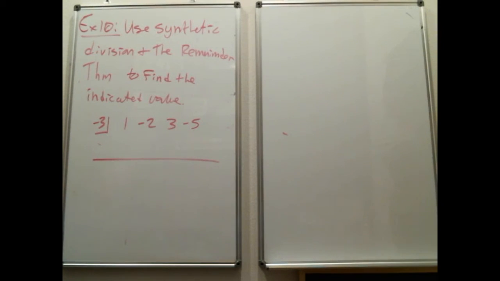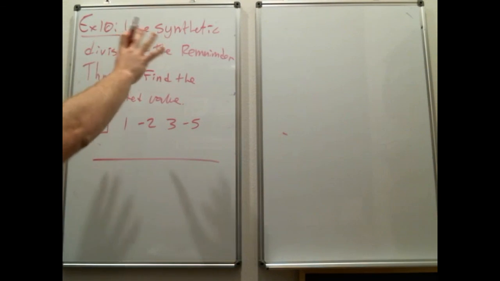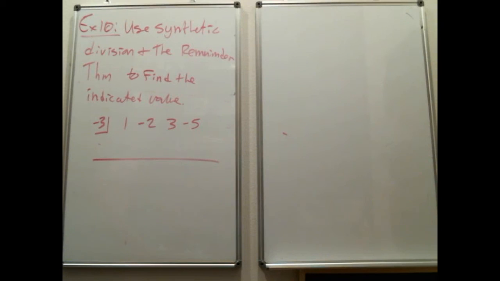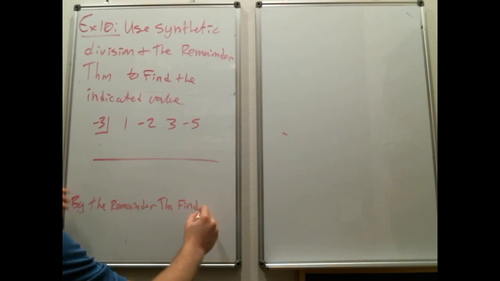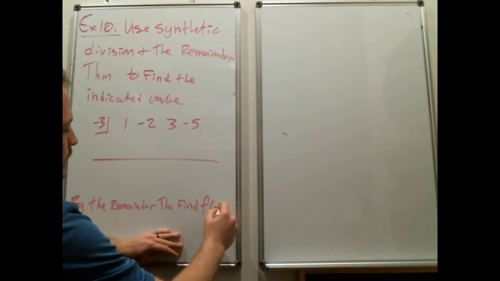They'll say use synthetic division and the remainder theorem to find the indicated value. Then they'll give you a setup of synthetic division just like this. And below that they'll say by the remainder theorem, find f of -3.